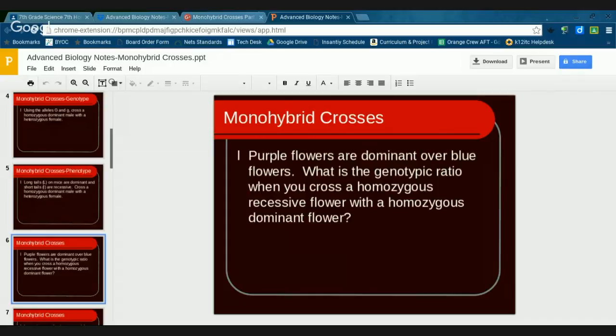So your ratio should be 0 to 4 to 0. Like I said, you don't have to label it because we assume you've put it in the correct order. So that's the genotypic ratio. When I ask you for both ratios, make sure you label them so that I know which is the genotypic ratio and which is the phenotypic ratio.